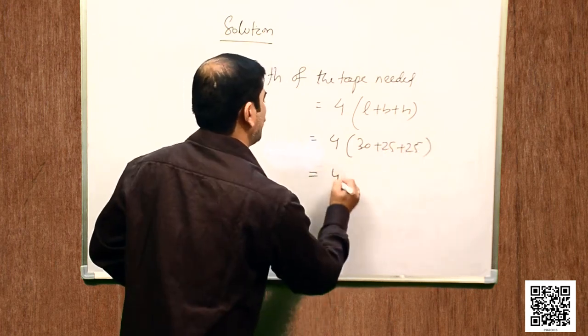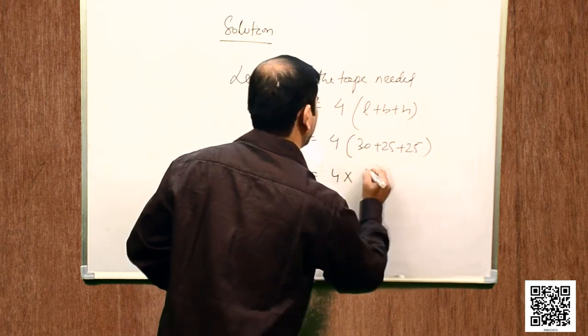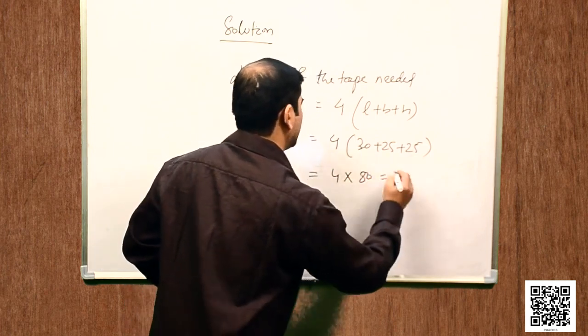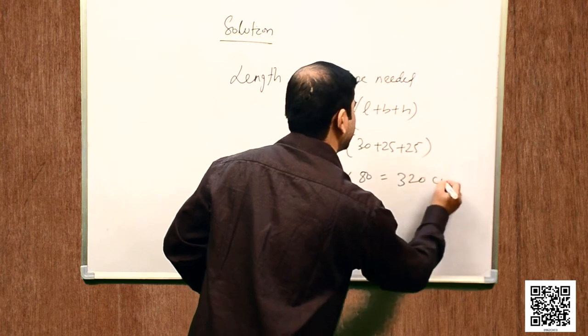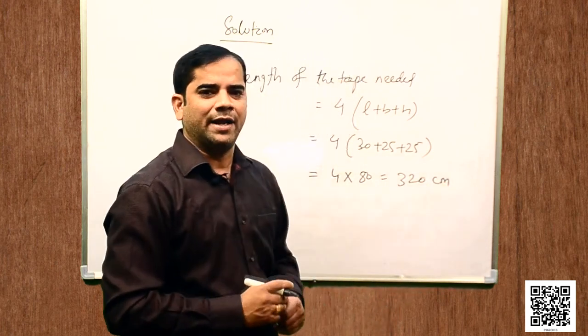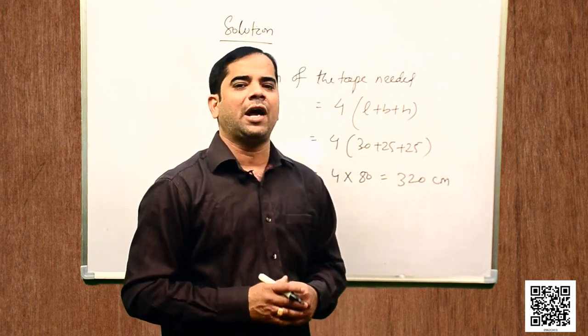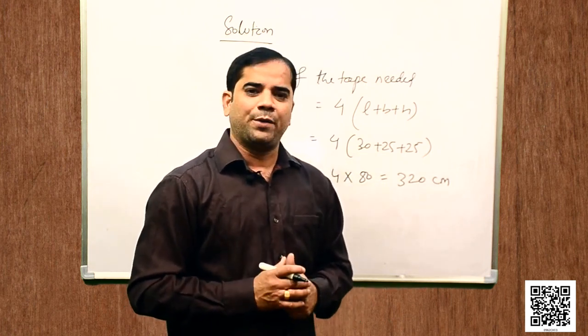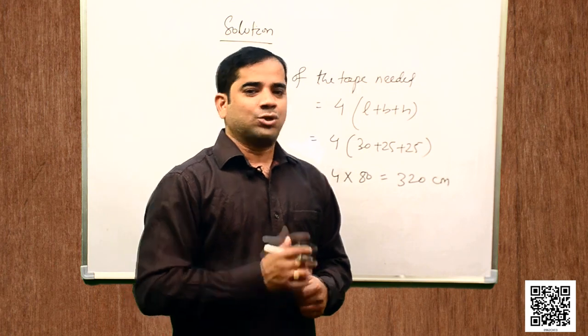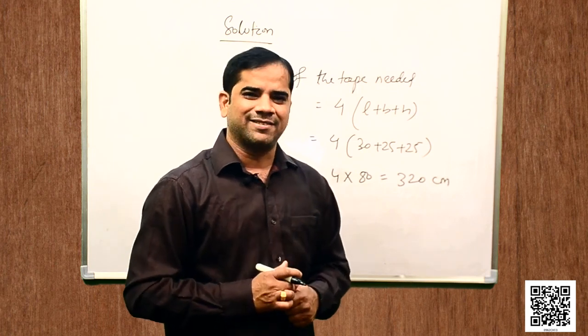That is equal to 4 into 80 or 320 centimeter. Okay. So 320 centimeter of tape is needed for all the 12 edges. Hope you understand the solution for question number 6.